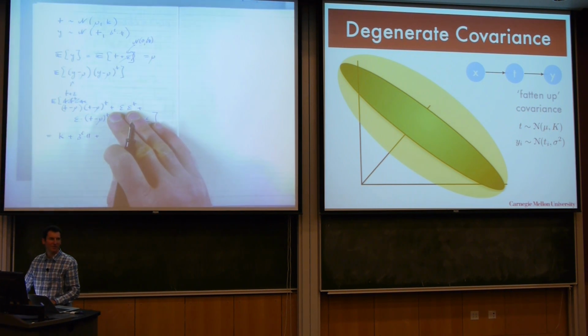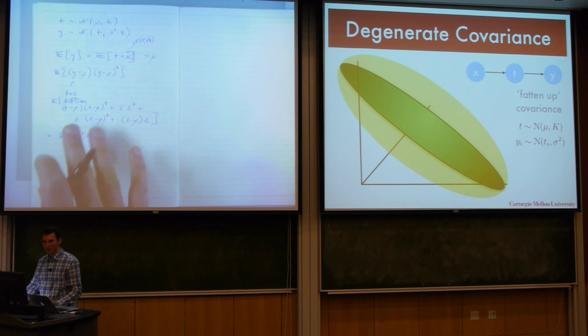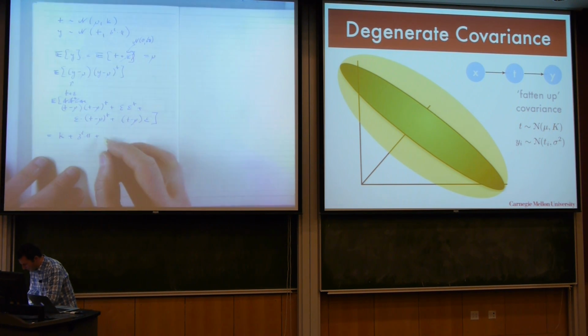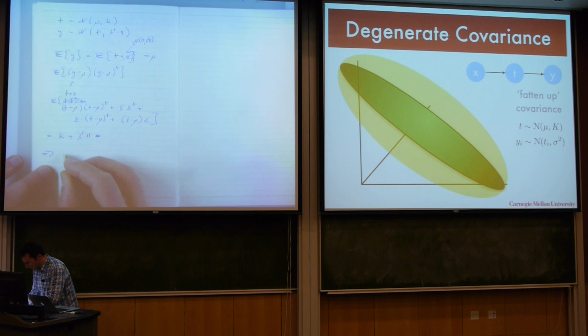Why is it 0? Because they're independent zero mean random variables, so I can take the expectations over each of the factors separately, so I get 0. And this one is also 0 for the same reason. So, in other words, we've just solved an integral without even noticing it. So y is drawn from a normal distribution with mean mu and covariance matrix K plus sigma squared times the identity.